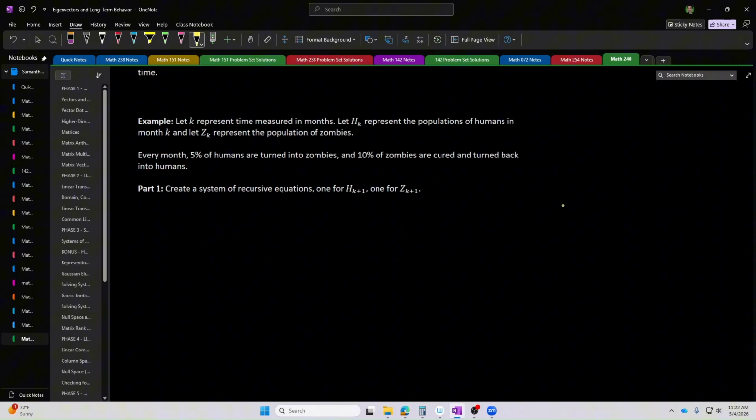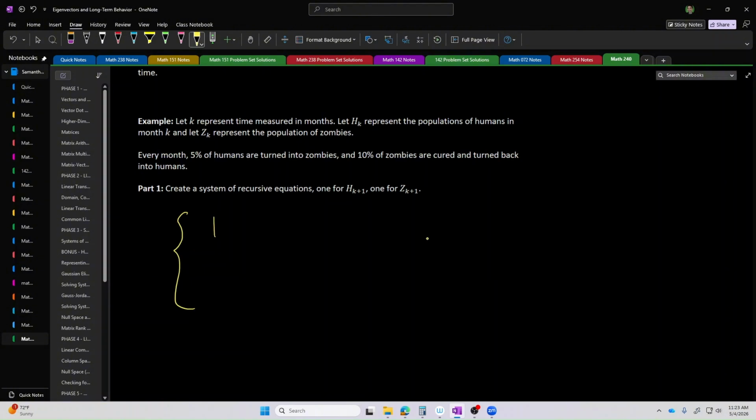So here's step one of that analysis. I'm going to start by taking this information about what happens to the population of humans and what happens to the population of zombies every month, and I'm going to turn this information into a system of recursive equations. One equation that tells us what's happening to the humans in the next month, and another equation that tells us what's happening to the zombies in the next month.